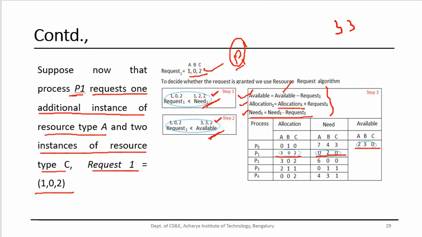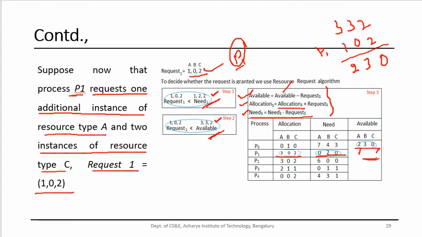We had 332, because we have granted 102 resources to the process P1. So what is available now? Two instances of A you subtracted, and three instances of B, and zero instances of C. That is our new available.